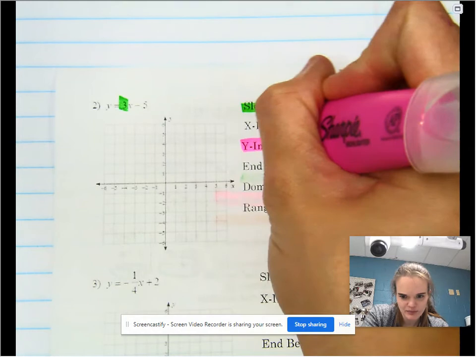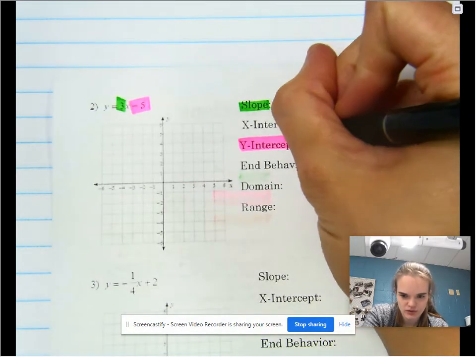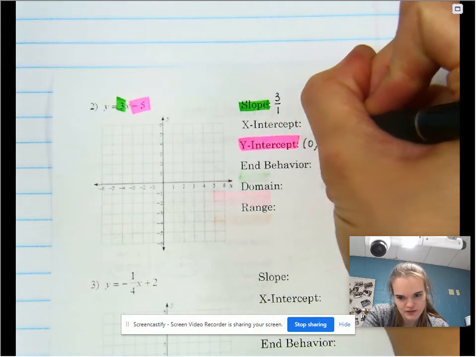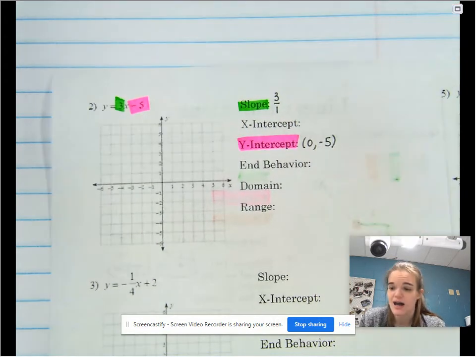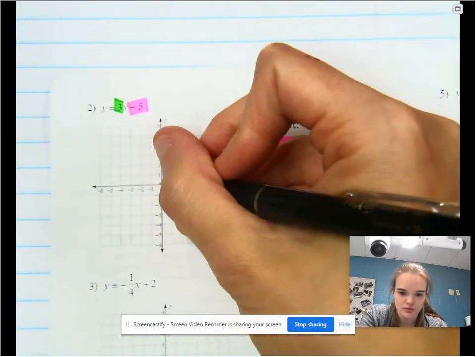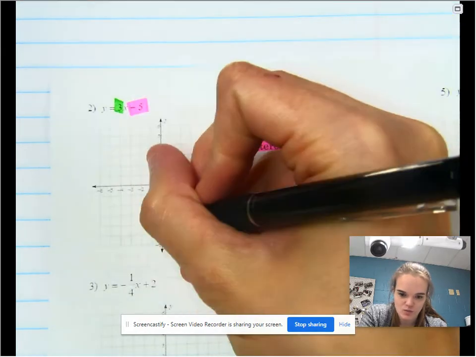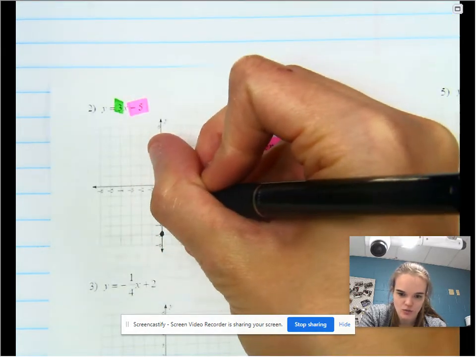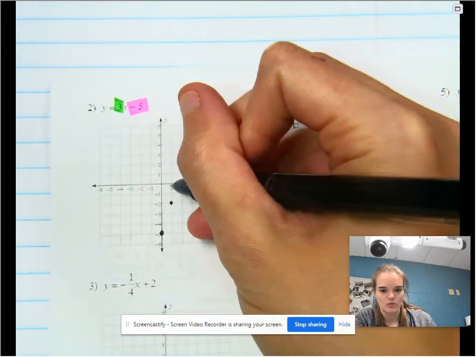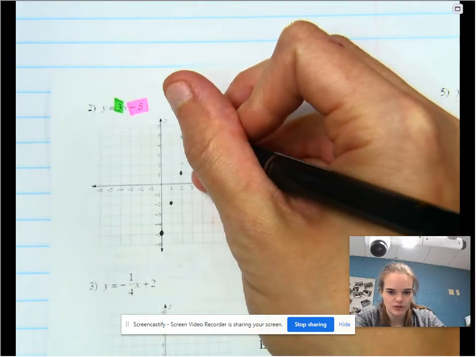The y-intercept is the value right here, (0, -5). I have to graph it to find everything else. So 0 and then down 5. The slope is up 1, 2, 3 over 1.